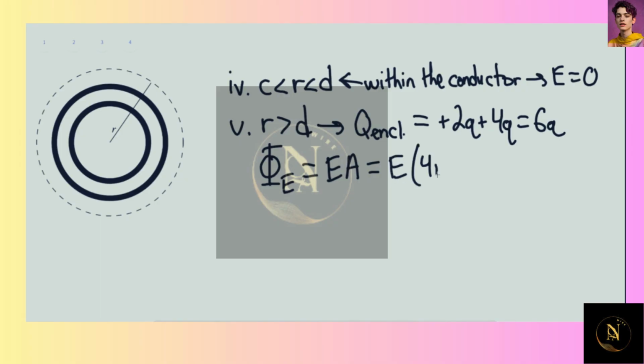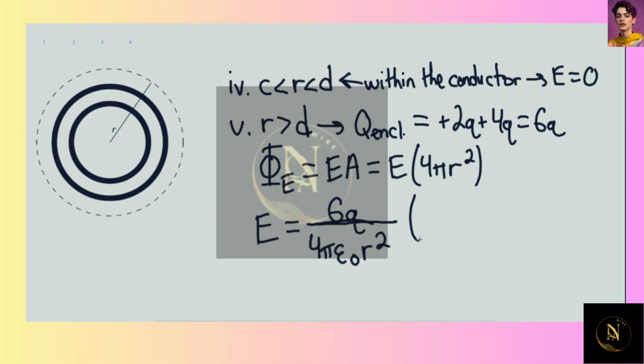This is equal to E times 4 pi r squared. And so by Gauss's law, we find that the electric field is equal to 6q divided by 4 pi epsilon naught times r squared. Because the enclosed charge is positive, this is again radially outward.